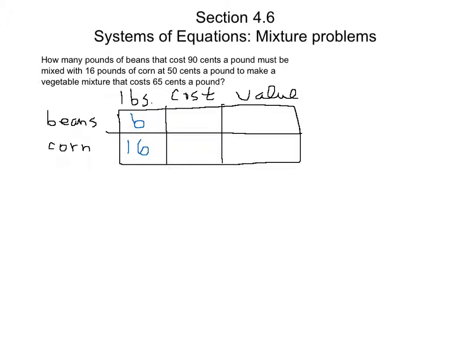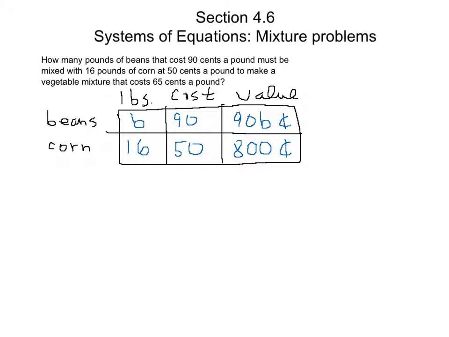The cost of beans is 90 cents per pound, and the cost of corn is 50 cents a pound. So in terms of cents, this is worth 90B cents, and this is worth 800 cents. So there we go, filling in that table.